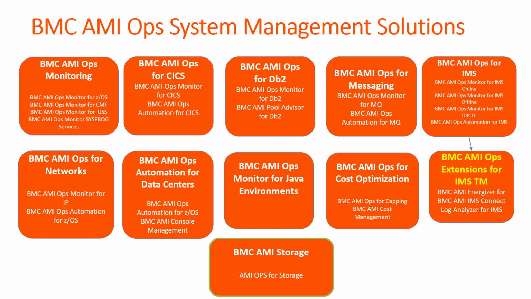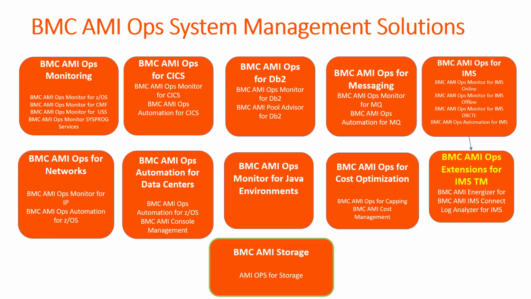AMI Ops Monitor for IMS and its online, offline, and DB control and automation components. BMC AMI Ops for networks, the AMI Ops Monitor for IP, and the AMI Ops Automation for z/OS component. The BMC AMI Ops Automation for data centers will contain the AMI Ops Automation for z/OS and the BMC AMI Console Management.